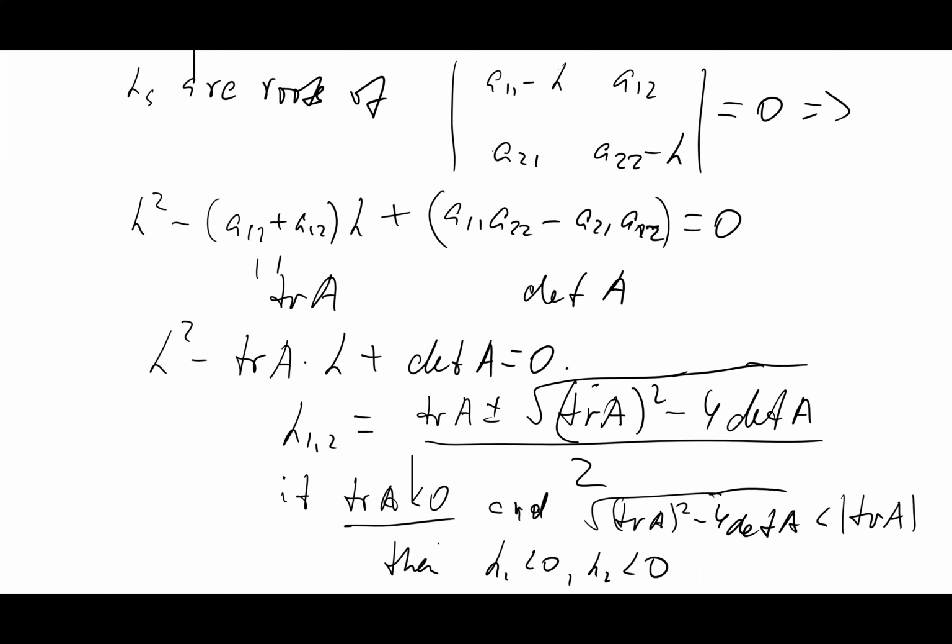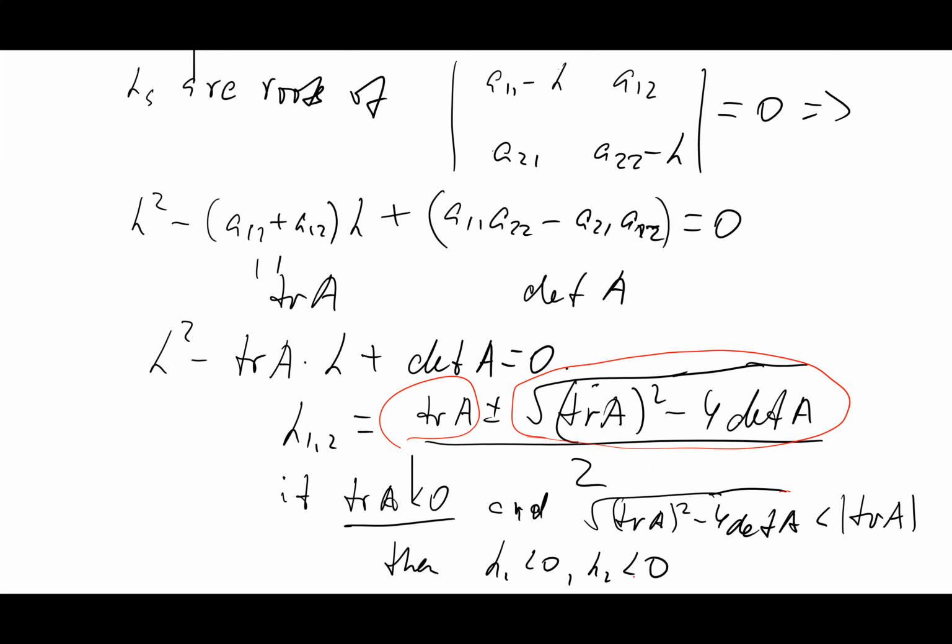Yeah, because this is a negative number, and even if we add something that is by absolute value less than this negative number, it stays negative. When we subtract something, it is still negative. When we add something which is by absolute value less than trace A, then it will be negative. So in this case, both lambdas are negative.